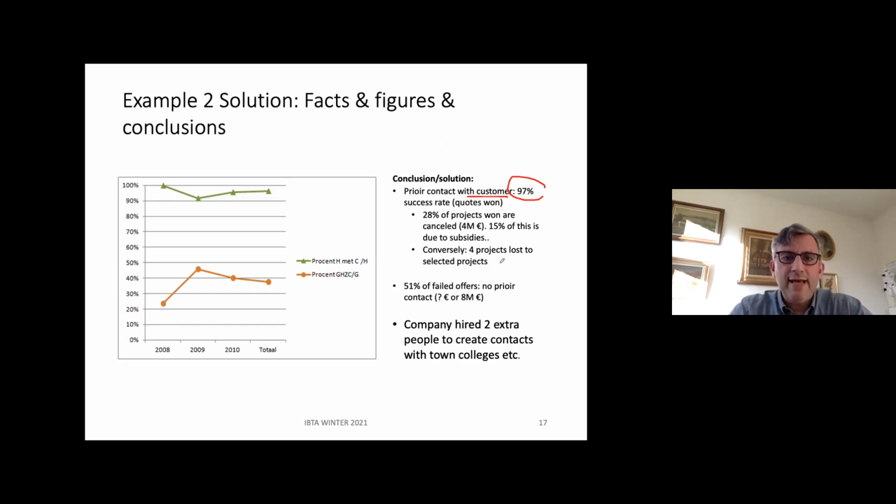And if they had no prior contact, they had about 50% chance, or 49%, of winning. So actually we said to that company, what you should do is go to hiring people to get to know all these people in those communities, because it will upgrade your chance. So this is an example of understanding the span.